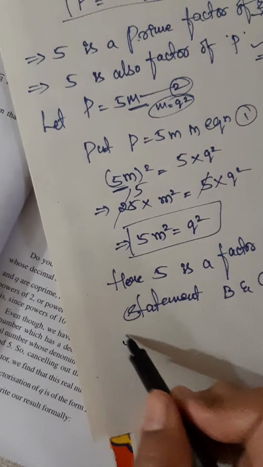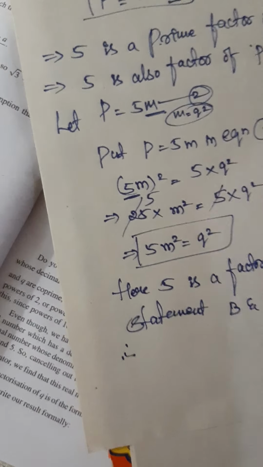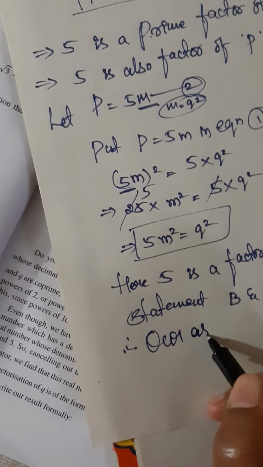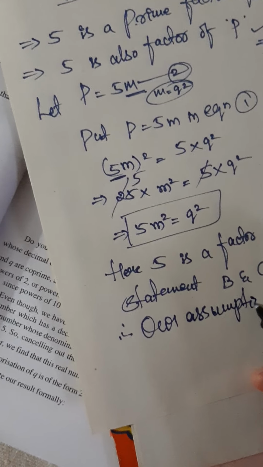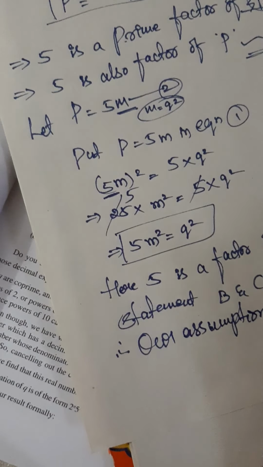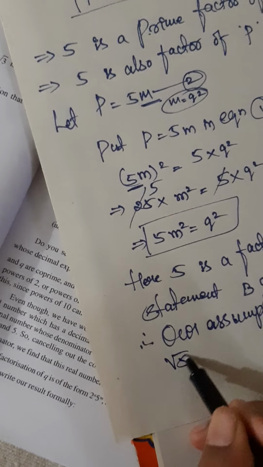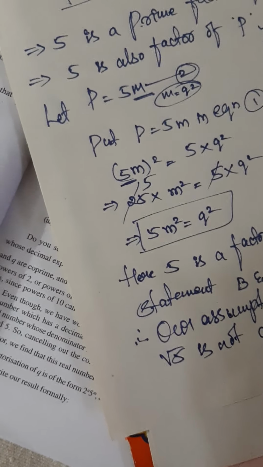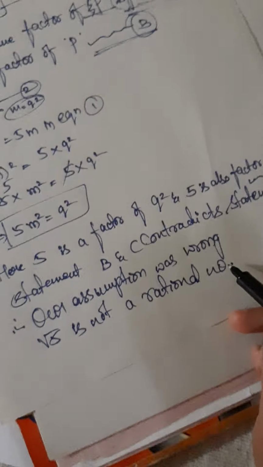Our assumption is wrong. We assumed this by the contradiction method, so our assumption was wrong. Root 5 is not a rational number.